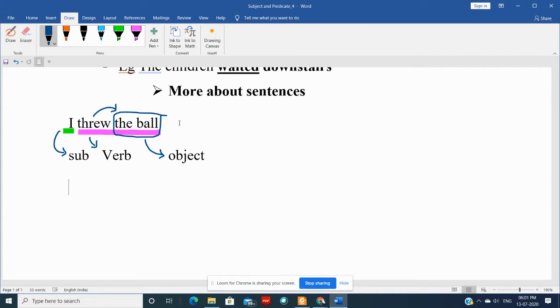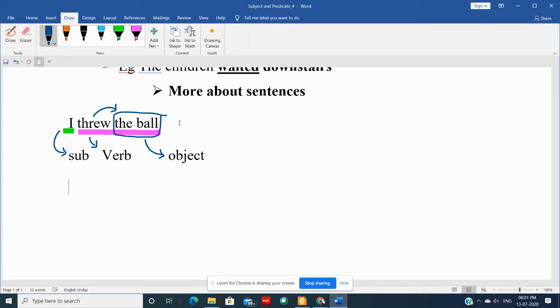Now, see, it's not always that you will have only one object. Listen, guys, it's very important to find out object, because when we study active passive, it is very important to find out object, because that's the main part.